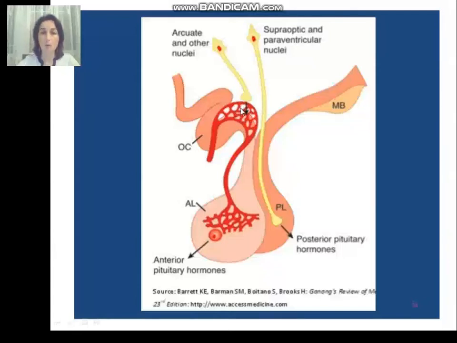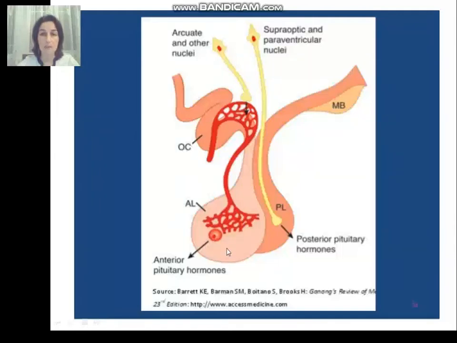Then these hormones, together with blood, will be transported via the portal vein into the anterior hypophysis, the adenohypophysis. Here fenestrated capillaries are also located, and through their wall the hormones coming from the hypothalamus are released into the tissue of the adenohypophysis. Those hormones control the functioning of the endocrine cells located in the adenohypophysis.